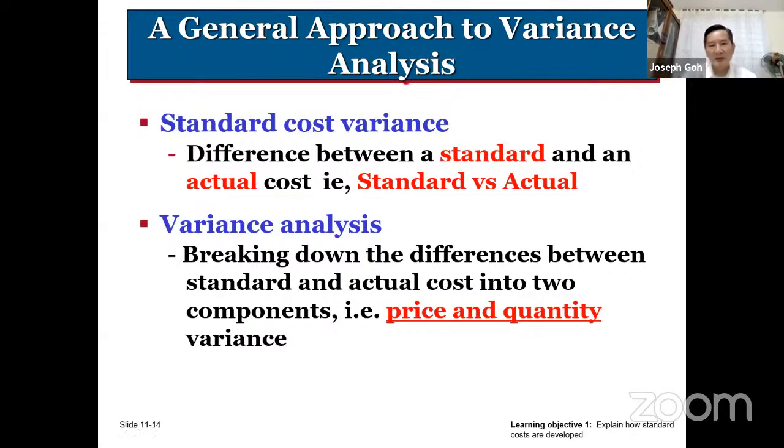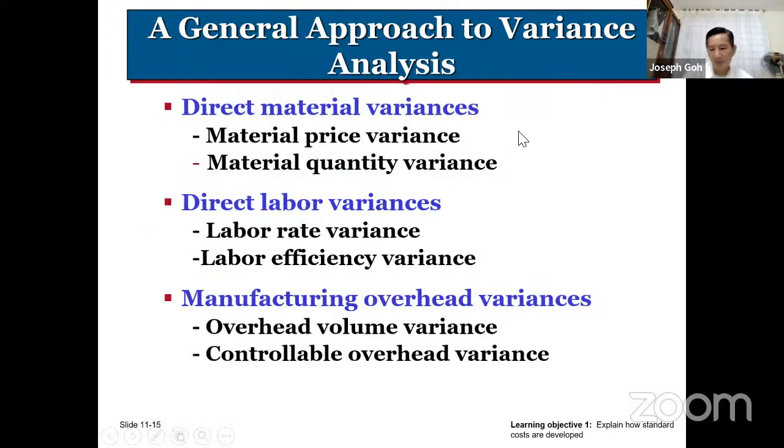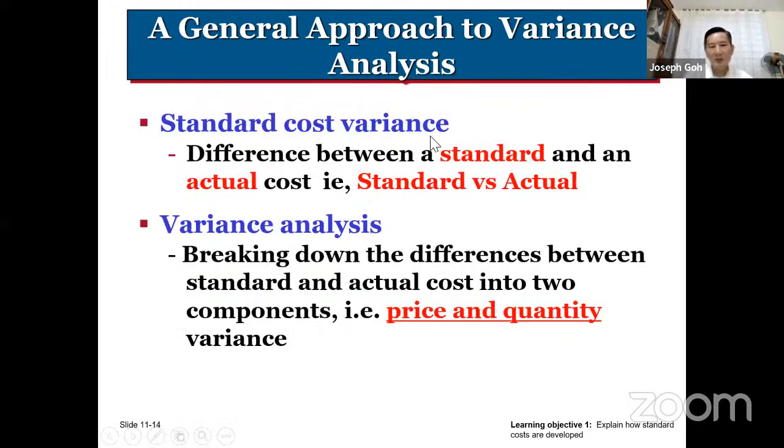So that's important that once this is done, you will notice that there's something called a variance analysis. A variance analysis means the differences between the actual cost versus the standard cost. So standard cost variance is the difference between a standard and an actual cost.